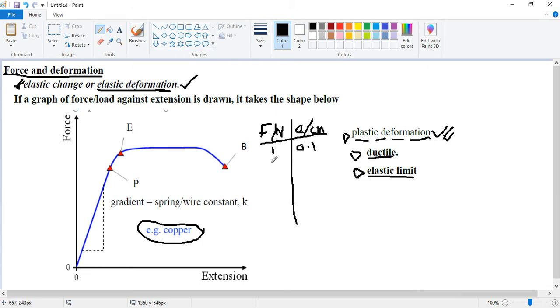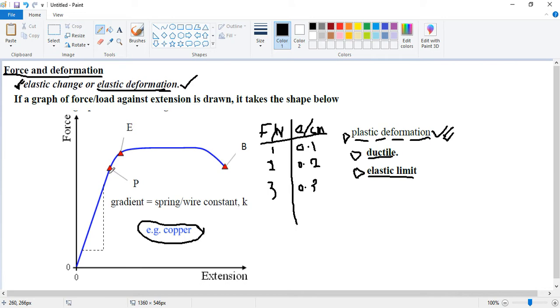When you add 2 newtons, the extension is, say, 0.2 centimeters. Of course, it can't be perfectly proportional, but you would draw a line of best fit. When you add a load of 3 newtons, the extension is, say, 0.3 centimeters. And if you plot a graph of force against extension, you would notice that it is a straight line.